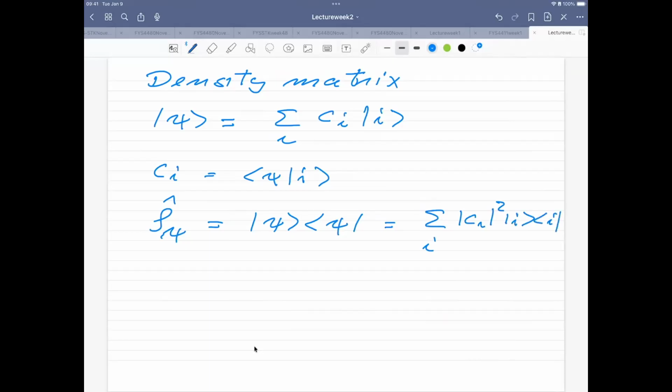Keep in mind that you have a computational basis. Now, this is nothing but the quantity which we called the projection operator for that specific state. This quantity here is the probability of being in that specific state.